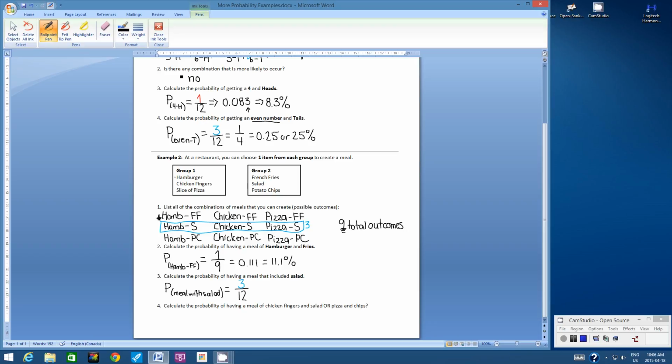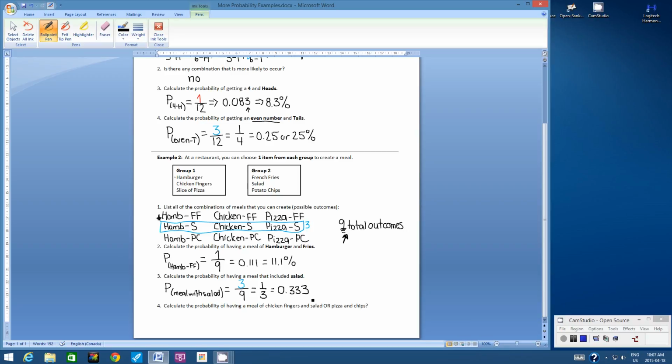3 over 12, not in its lowest form, right? Ah, sorry, the denominator. I was thinking about the last question. Sorry about that. Is 9. Okay, 9 total outcomes here. 3 over 9 is not in its lowest form. 3 over 9 is 1 over 3 equals 0.333.